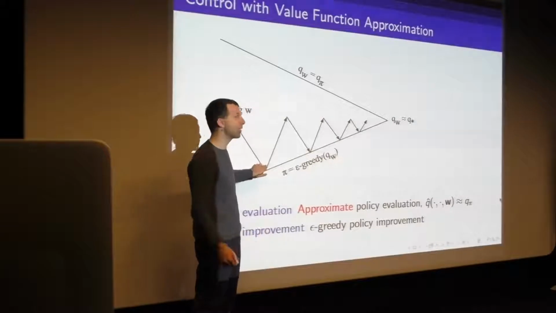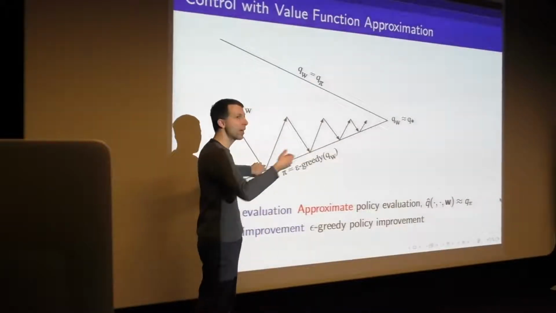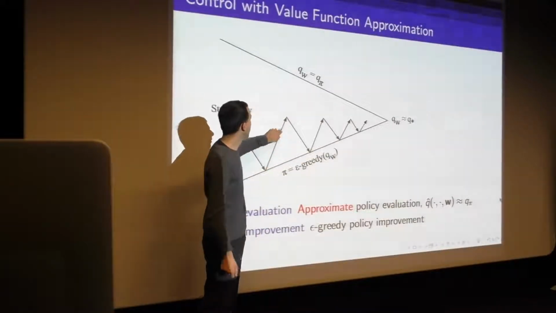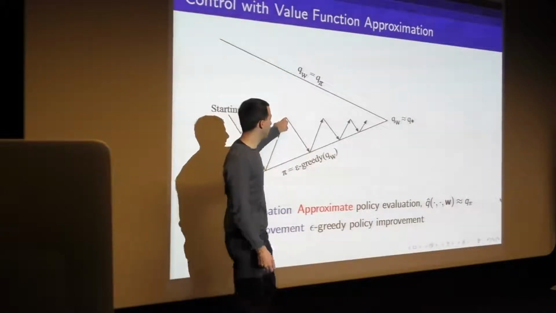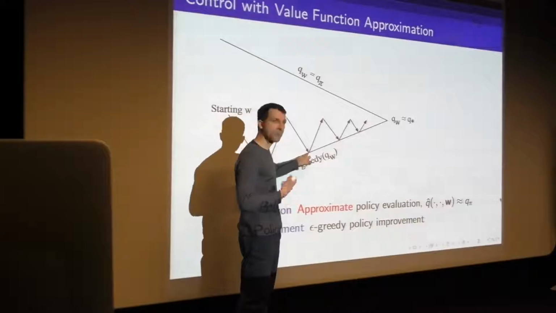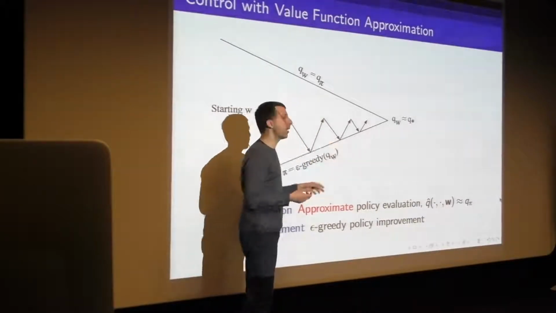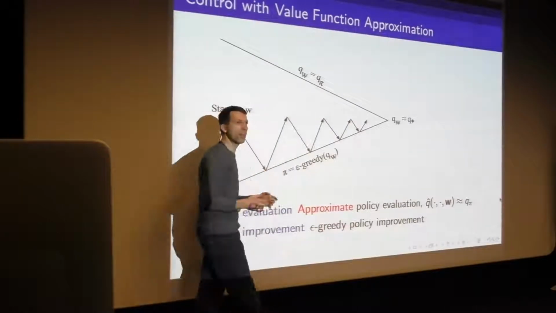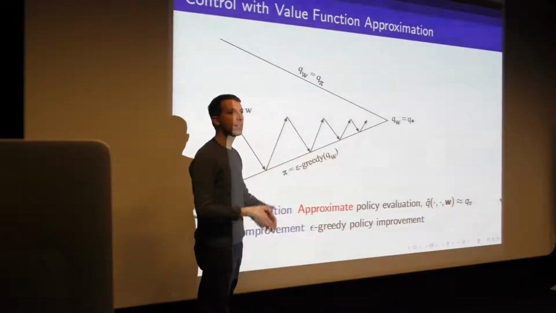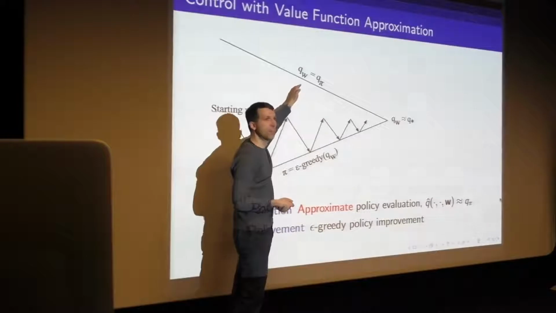And now we want to evaluate that new policy, so we run some more data, we update the parameters of our neural network. That gives us a new value function. And now with that new value function, we can act greedily with respect to that, and so forth. And again, just like in the last lecture, we're not going to go all the way to the top here. We're not going to waste millions of samples of experience trying to exactly fit our function approximator.